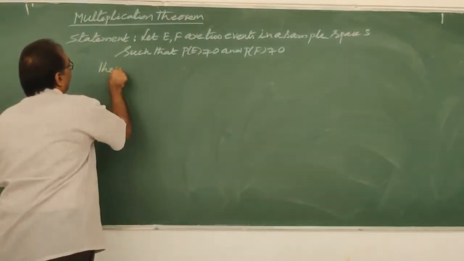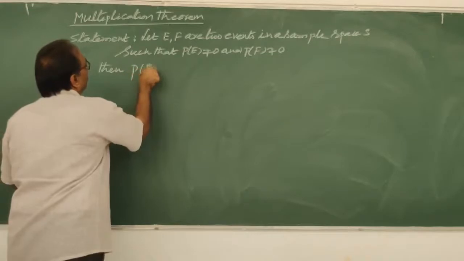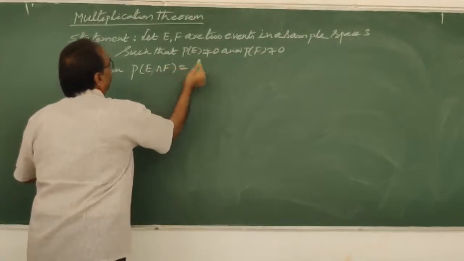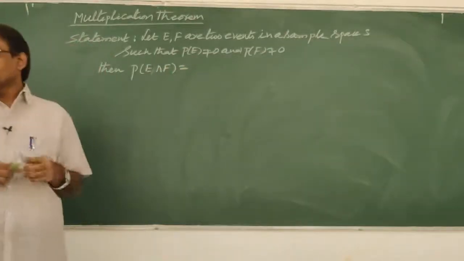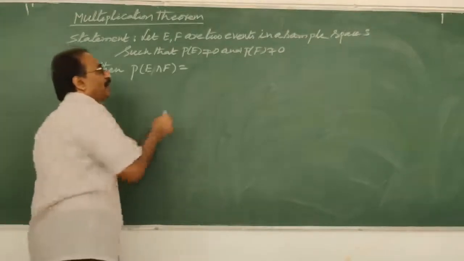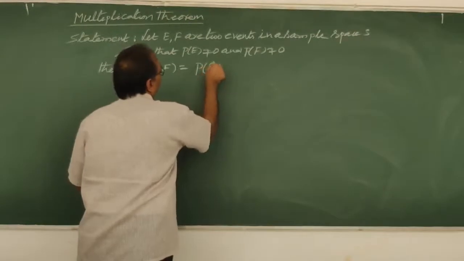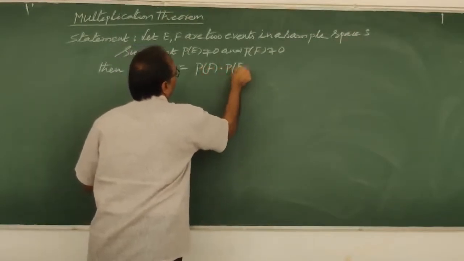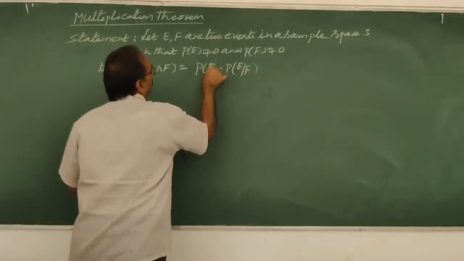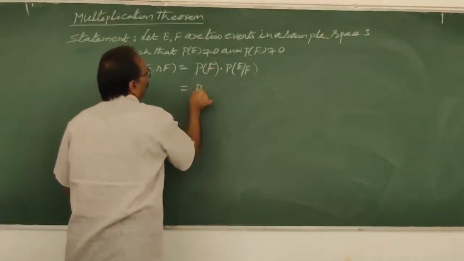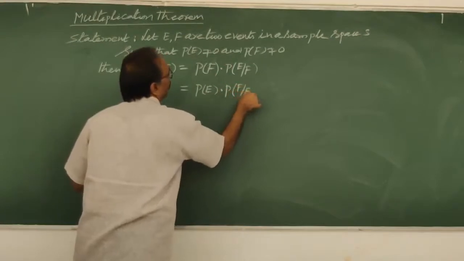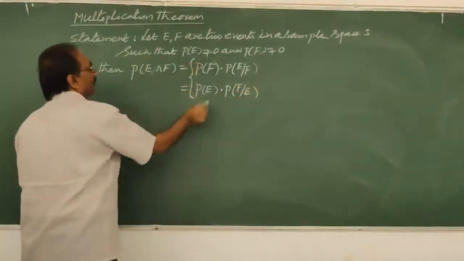Then P of E intersection F is equal to P of F into P of E given F, also P of E into P of F given E. Both are there.